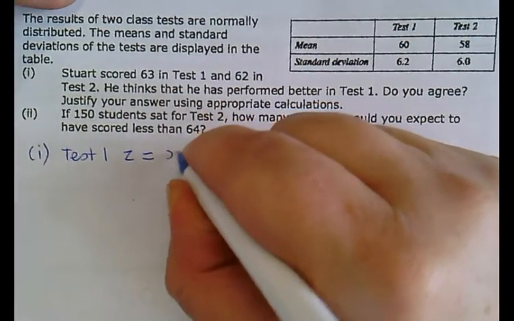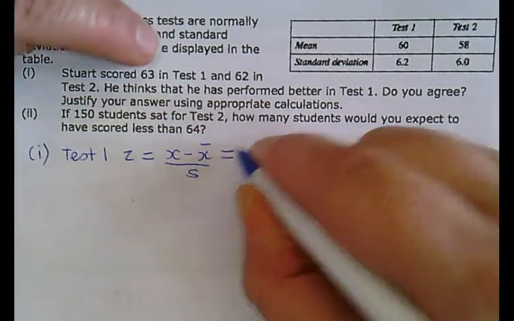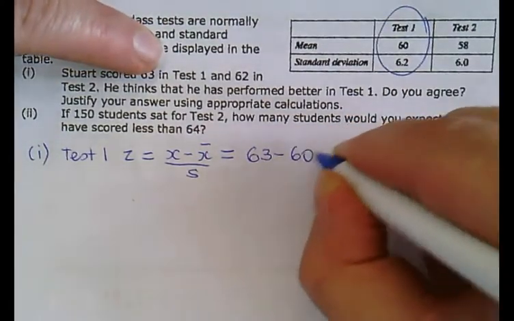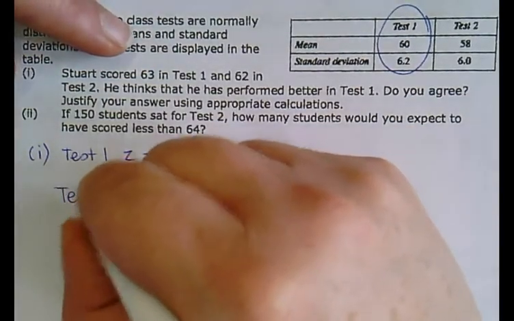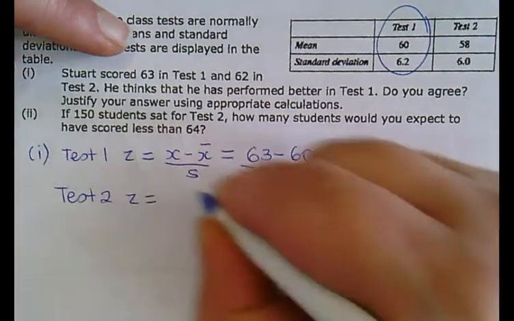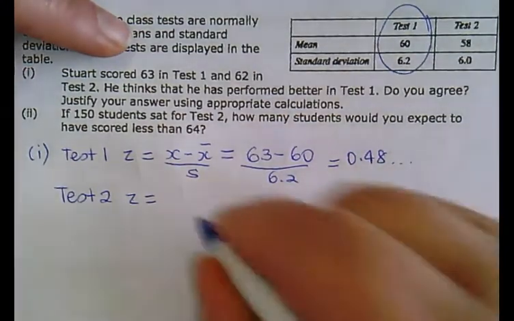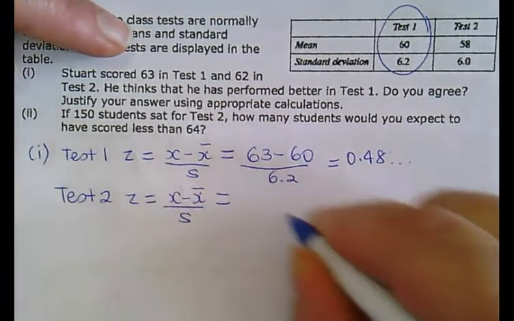So test 1 z-score is x minus x bar over standard deviation. So the score is 63. The mean for test 1 is 60, and the standard deviation is 6.2. Has anyone worked out that? 0.48 will do. Right, test 2, x minus x bar over standard deviation.